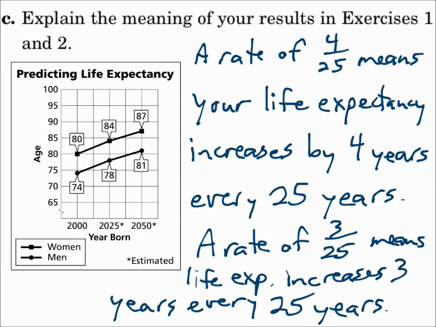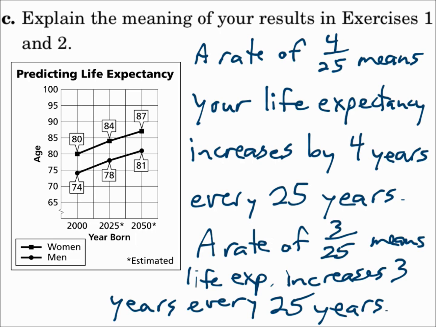C. Explain the meaning of your results. Well, a rate of 4 over 25 means that your life expectancy increases by 4 years every 25 years. So in 25 years, the oldest people will be 4 years older. A rate of 3 over 25 means the life expectancy increases 3 years for every 25 years.